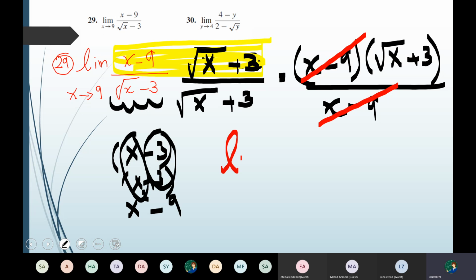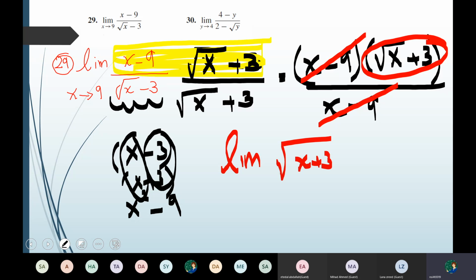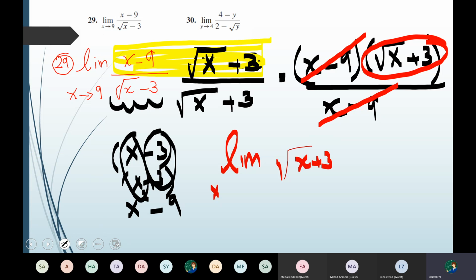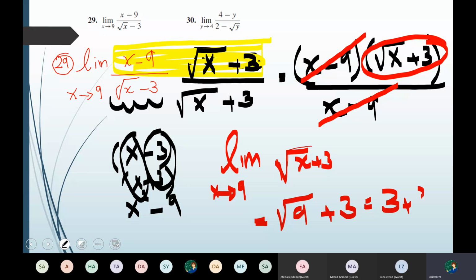So the limit, I have only square root of x plus 3 when x approaches 9. Then square root of 9 plus 3. Square root of 9 is 3, plus 3 equals 6.